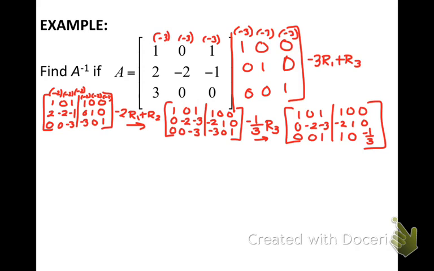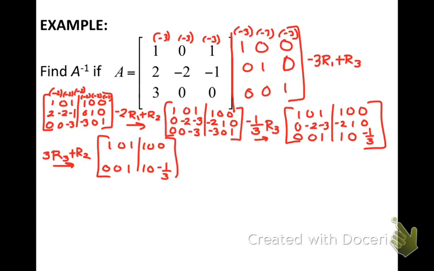So let's do a 3R3 plus R2. So 1's staying the same. 3's staying the same. So now what's 2 going to change into?